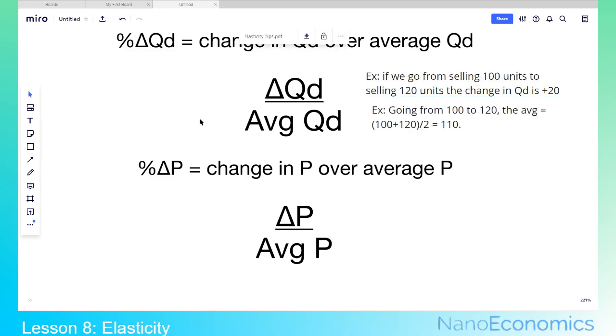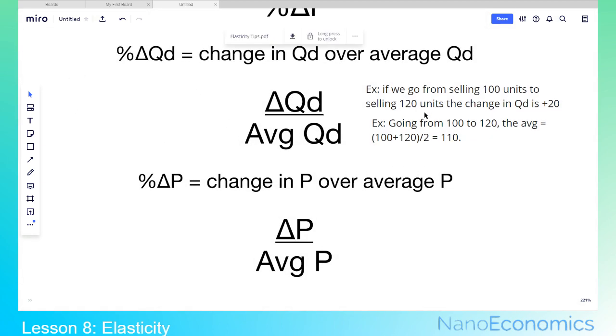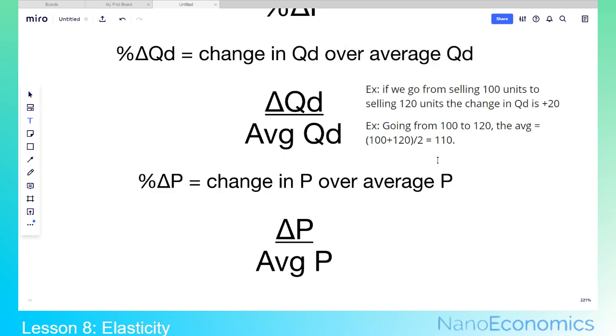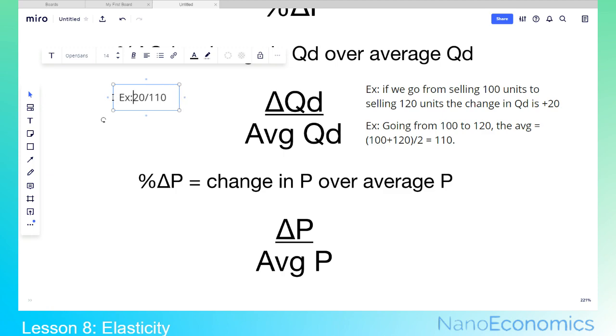So what we end up with is a percent change in quantity demanded of 20 over 110. And that is 0.18.